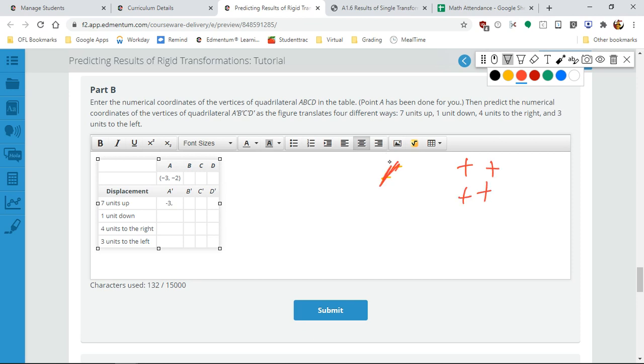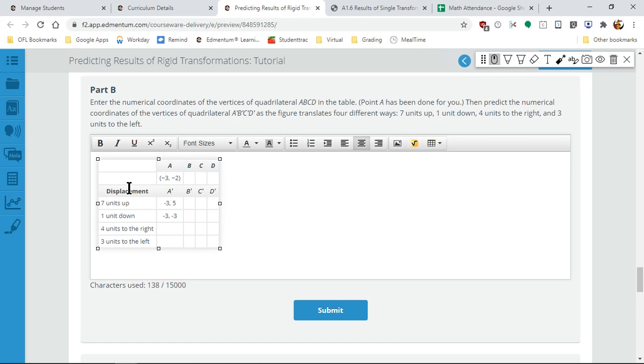So that tells me that these 2 negatives are going to cancel out with 2 of the positives. So I'm left with 5 positives. Now we're going to go down. So if I'm going down, my x is going to stay the same. And then this goes down by 3.